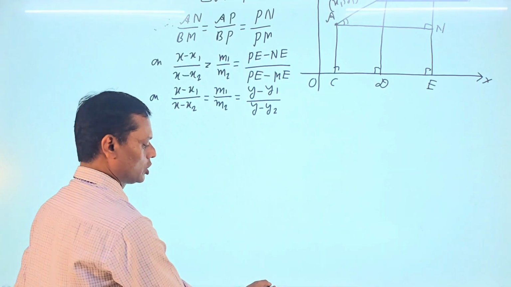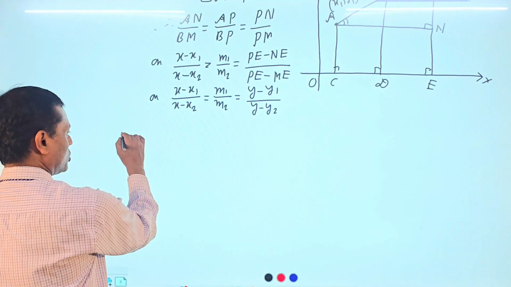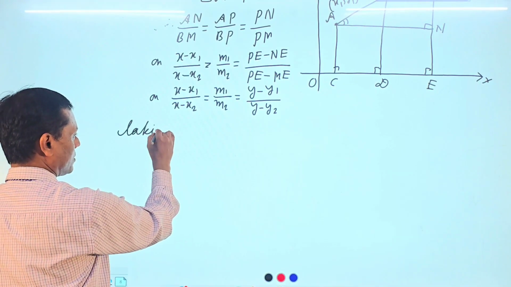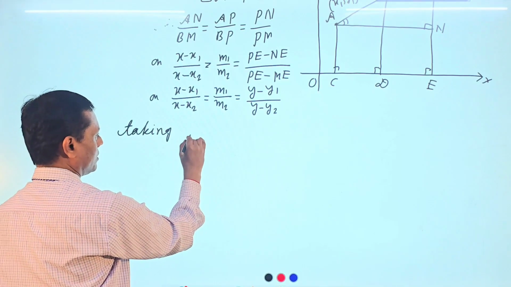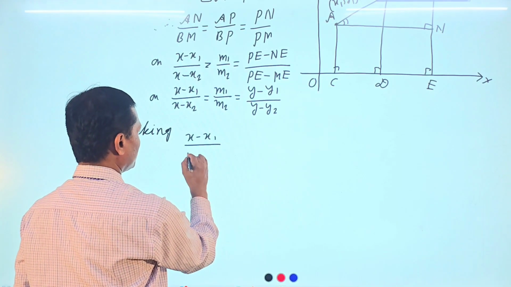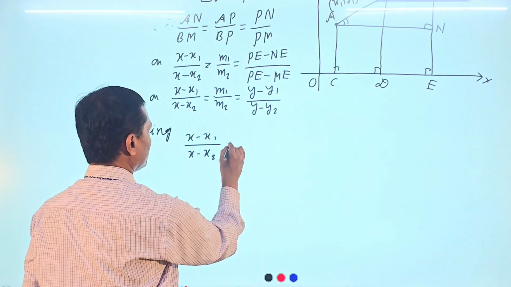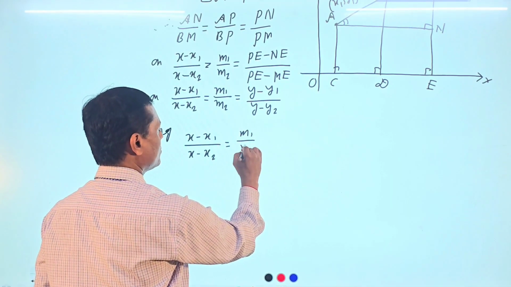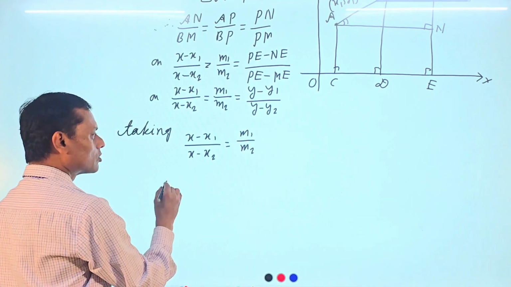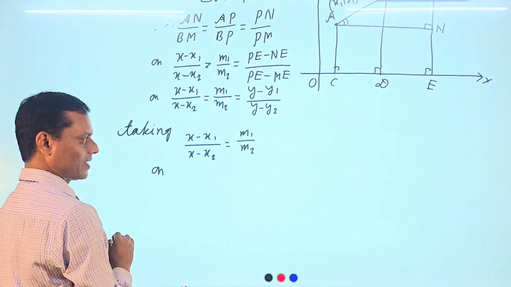Next one, when we select the first and second, taking x minus x1 over x minus x2 equals to m1 over m2, let's do the cross multiplication.